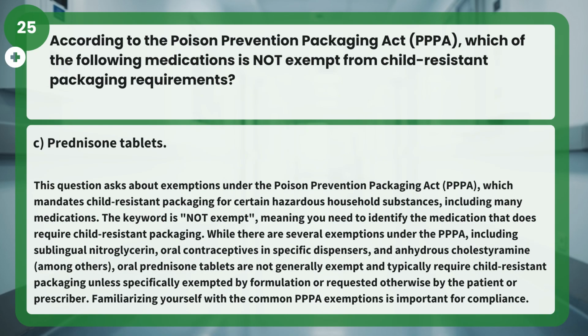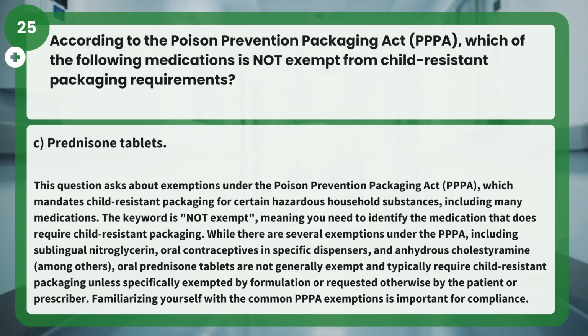Answer: C. Prednisone tablets. This question asks about exemptions under the Poison Prevention Packaging Act, PPPA, which mandates child-resistant packaging for certain hazardous household substances, including many medications. The keyword is not exempt, meaning you need to identify the medication that does require child-resistant packaging.